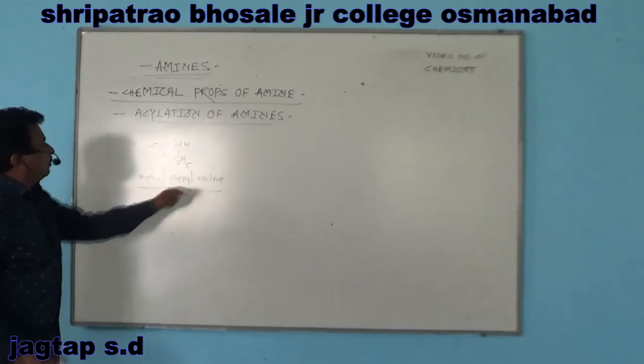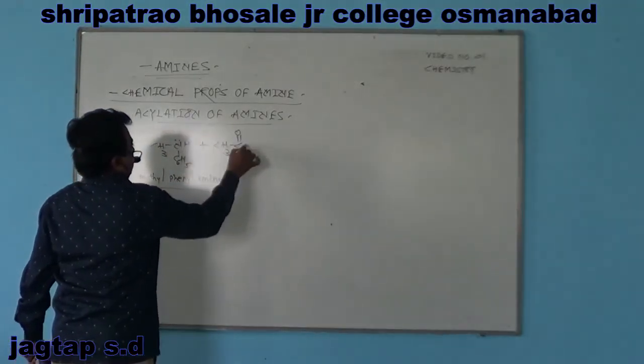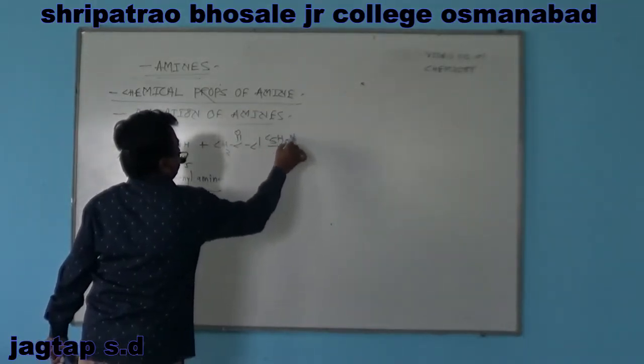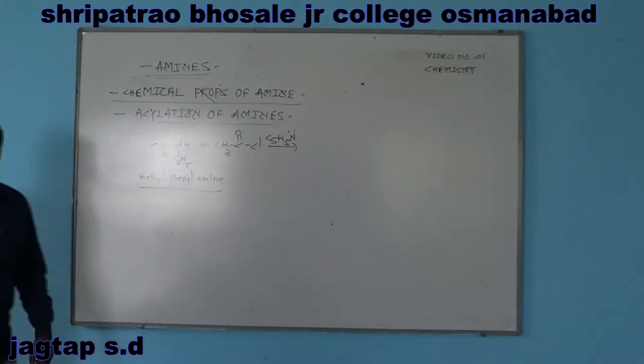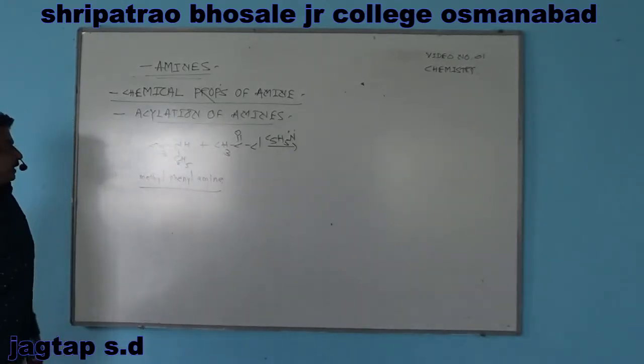Methylphenylamine reacts with acetyl chloride in presence of a base, in presence of pyridine. Here the nitrogen atom donates a pair of electrons to the electron deficient carbonyl carbon atom.